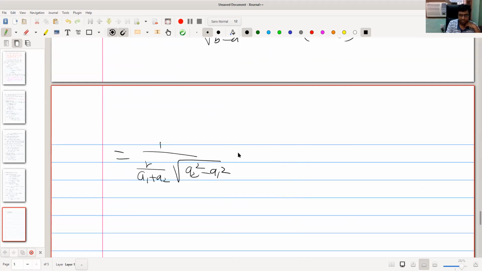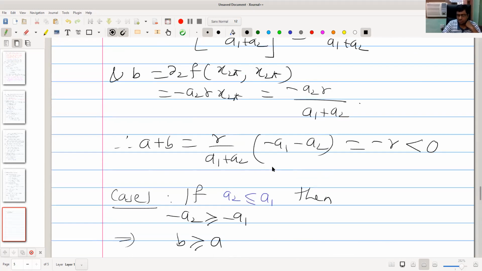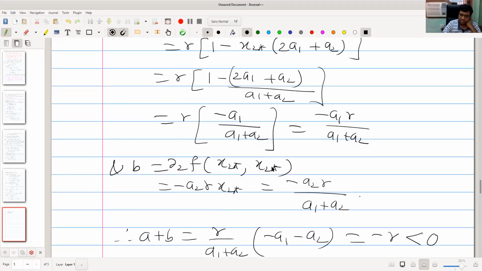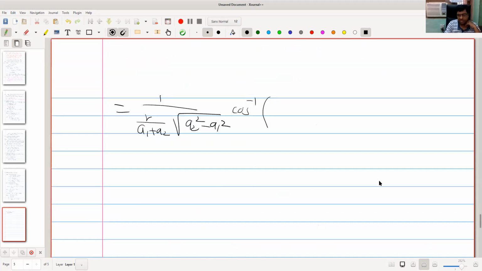Cos inverse of minus a upon b, so a minus sign will be there, a1 by a. Other terms get cancelled. Minus a1 by a.